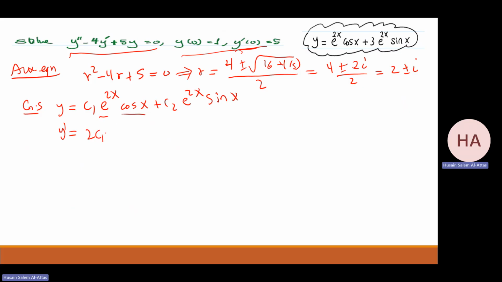I have 2 C1 e to the 2x cosine x minus C1 e to the 2x sine x, plus 2 C2 e to the 2x sine x plus C2 e to the 2x cosine x.